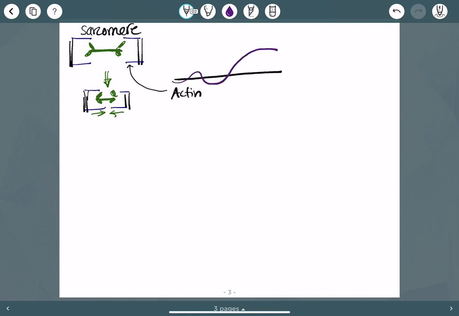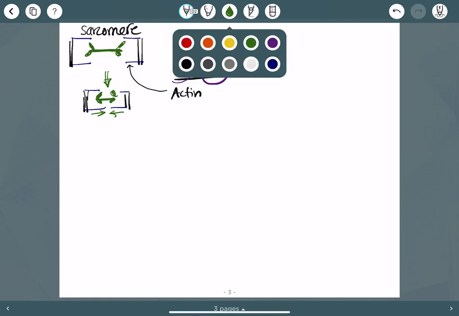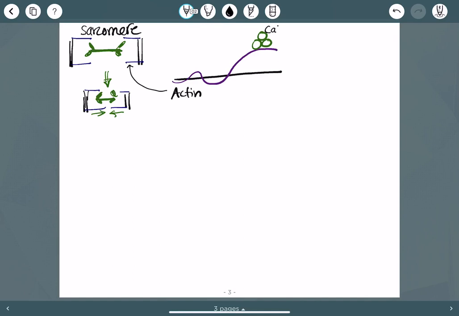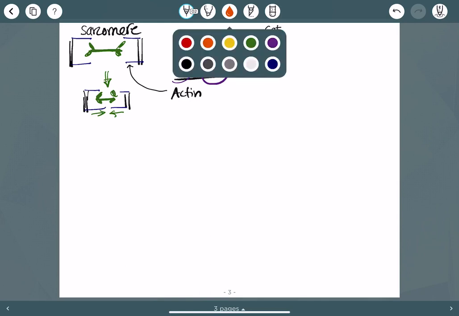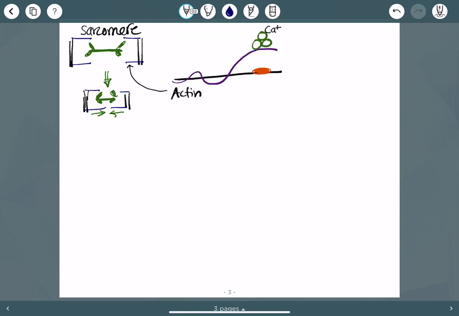And for the purposes of this part of the story, calcium is present, which means that the tropomyosin has been pulled away from the active site to reveal availability of a binding site on this actin for myosin. Now this myosin head, we've mentioned several times, is a really critical player in the movement of the muscle. So we'll draw it a little bit bigger because the myosin is larger than the actin.